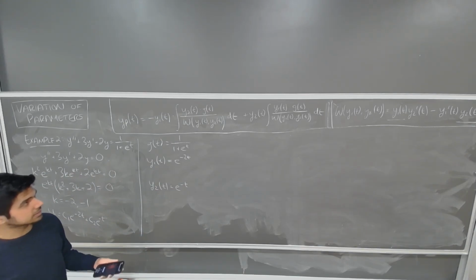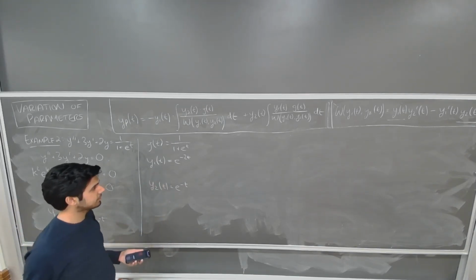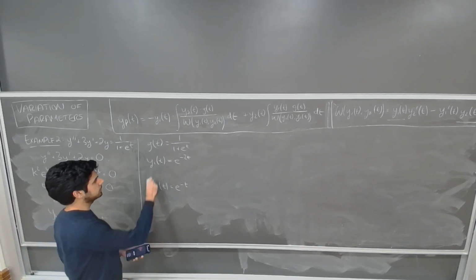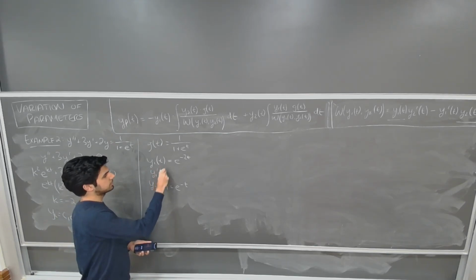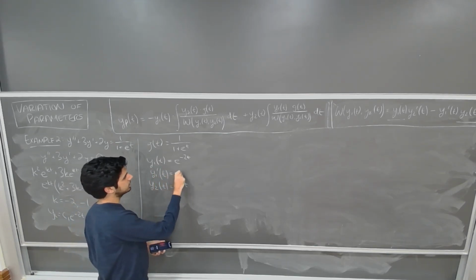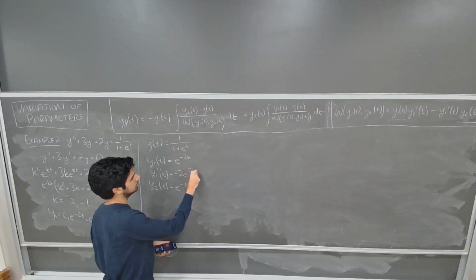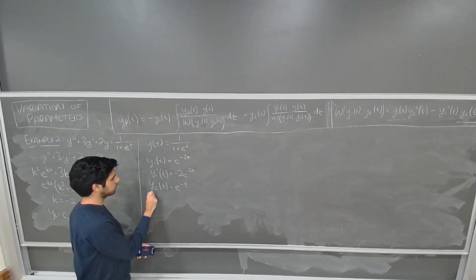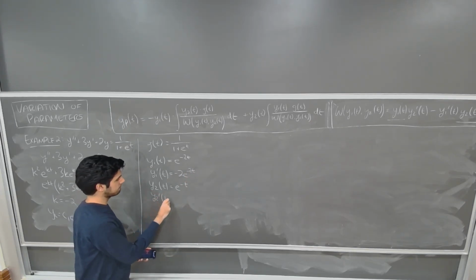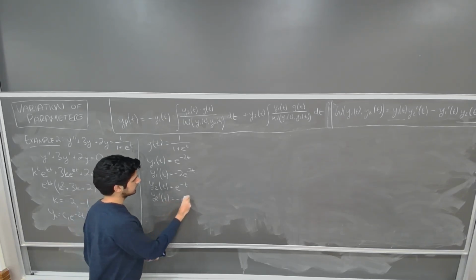Lastly, for our Wronskian, we need the first derivative of y1 of t and y2 of t. So the first derivative of y1 is -2 e to the -2t, and the first derivative of y2 is -e to the -t.